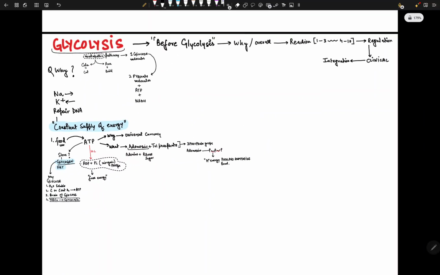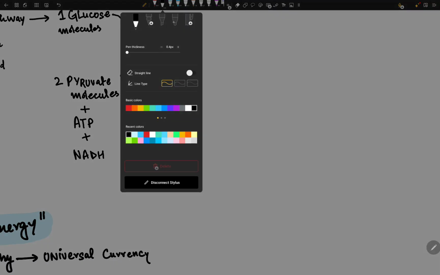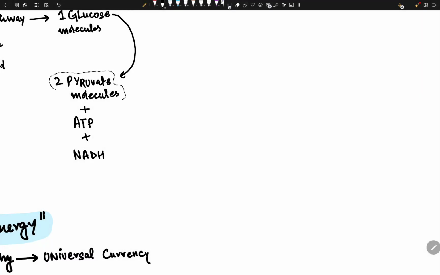So which one is glycolysis again? That is catabolism, because we are breaking glucose to produce 2 pyruvate molecules, ATP and NADH.